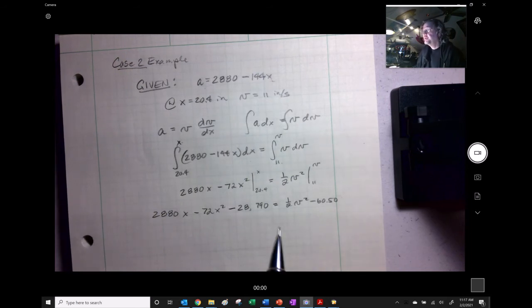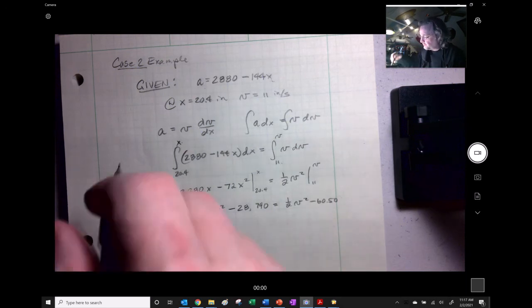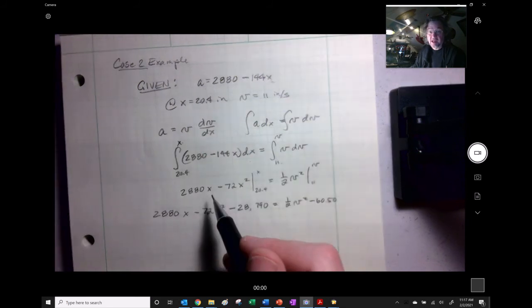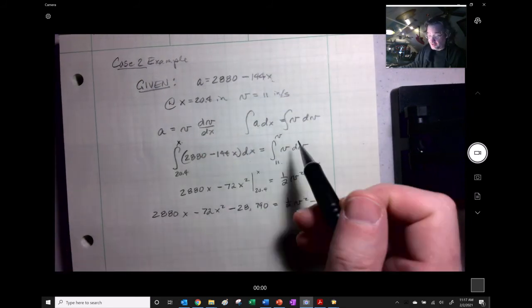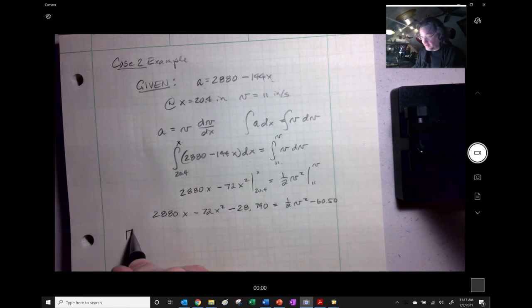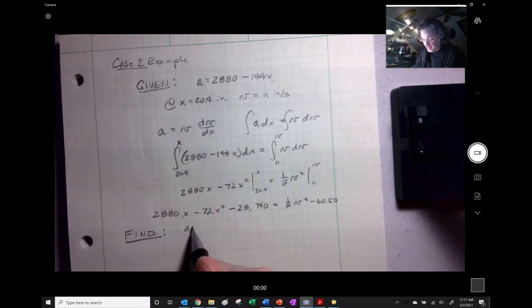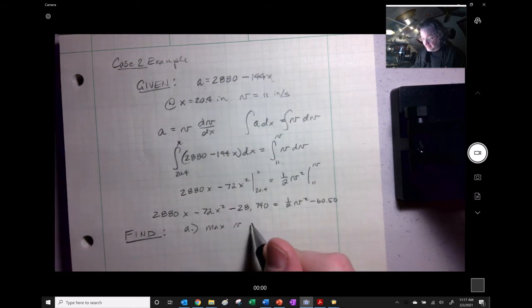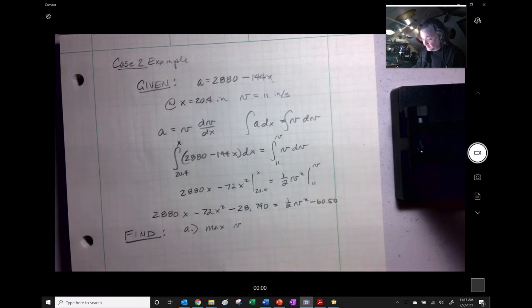So if we set the velocity, okay, so for the things that we were trying to find, I should have written down find up here, up at the top. Well, I'll write it down here. Find: A was going to be the maximum velocity, right? So we want to find the maximum velocity.